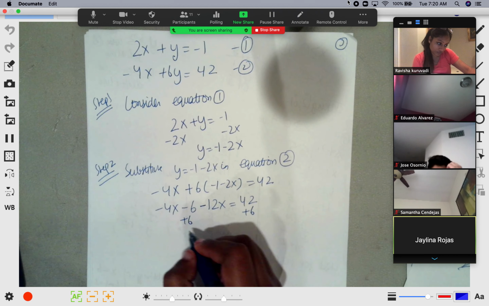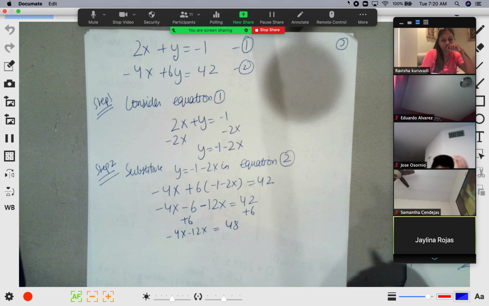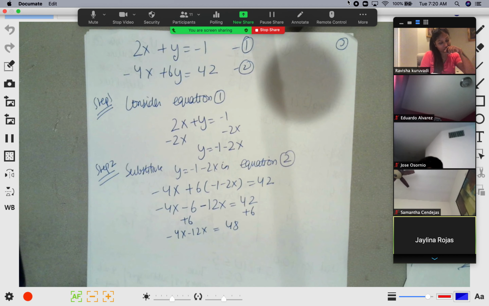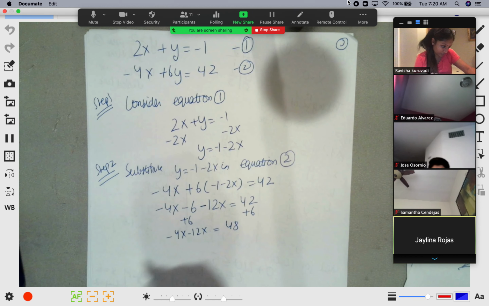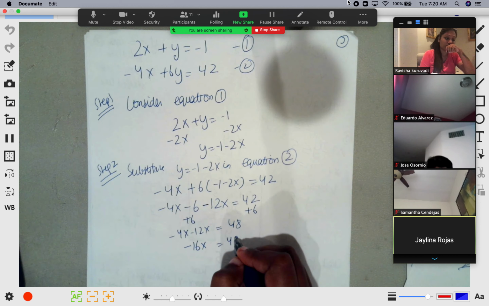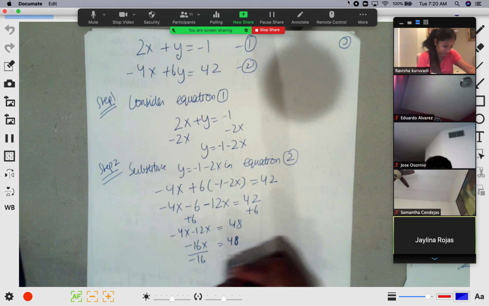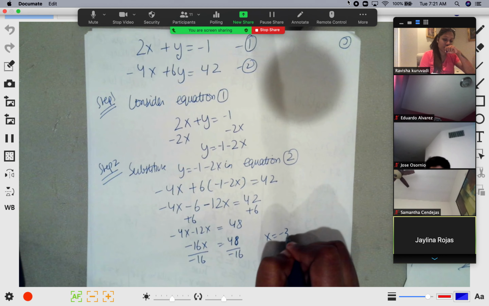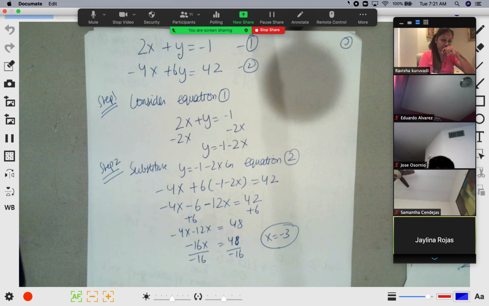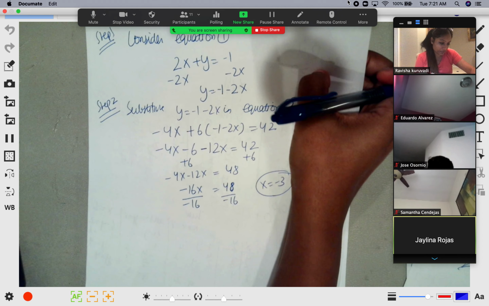Negative 4x minus 12x equals 48. And now we're going to combine like terms. So it'll become negative 16x equals 48. And we're going to divide both sides by negative 16. We're going to get x equals negative 3. Absolutely correct. What's my step 3?